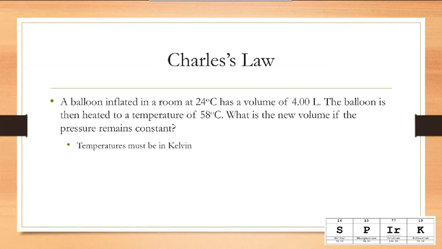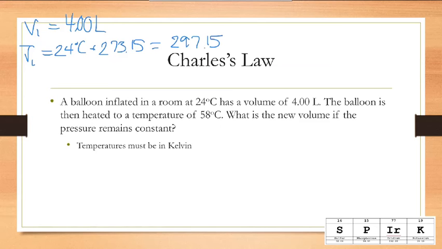And we have to remember that the temperatures must be in Kelvin. So V1 is equal to 4.00 liters. T1 is 24 degrees C, but remember we need that in Kelvin, so we're going to add 273.15, and that is going to equal 297.15 Kelvin.